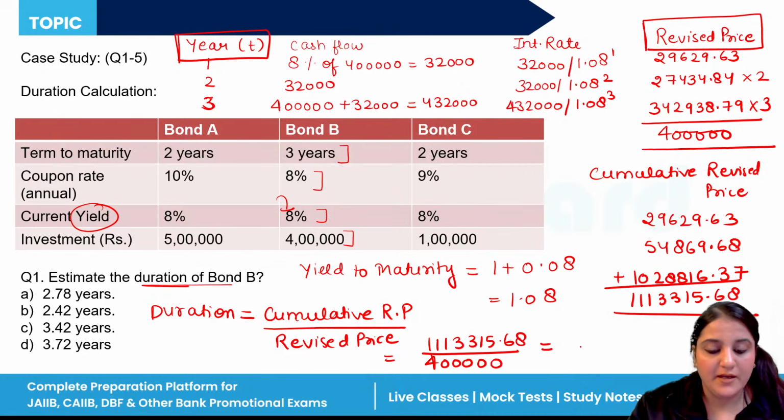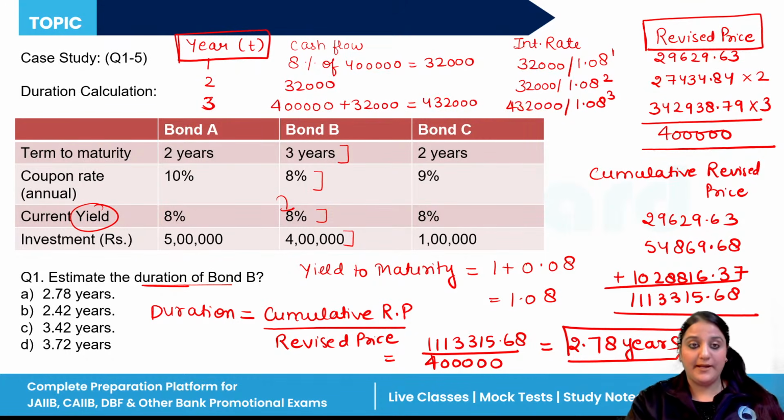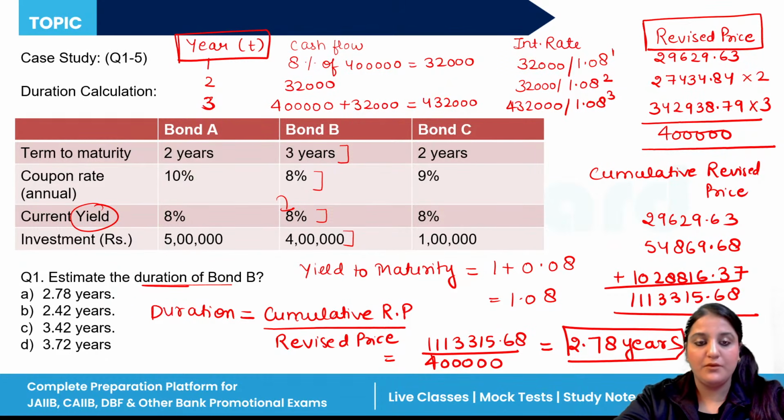We got about 2.78 years. So this is the answer. This is how we calculate the duration of bond B. Is that clear? How to calculate the duration of bond B?